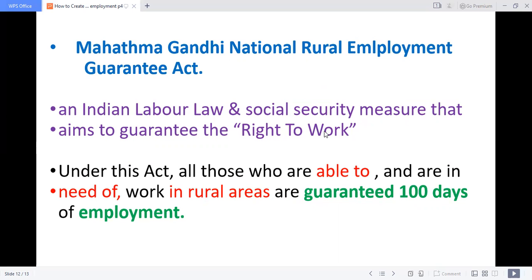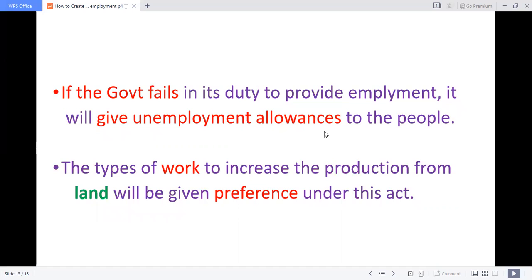So if a panchayat president or any other person denies 100 days work to any person, the panchayat president has to give the unemployment allowance, the day's work salary, from his pocket, if the person goes to the collector and complains. So this cannot be denied.